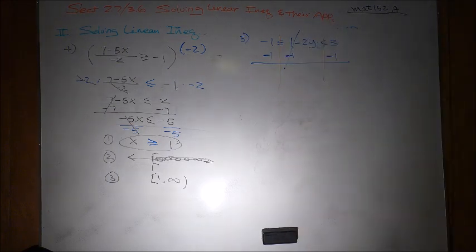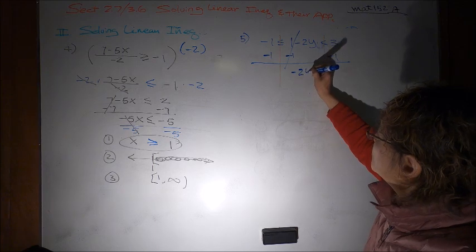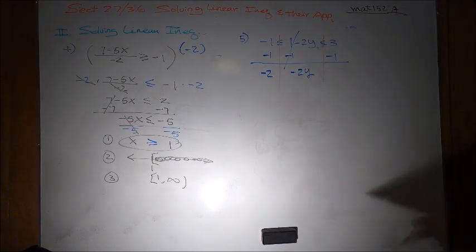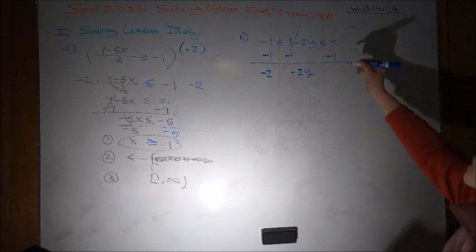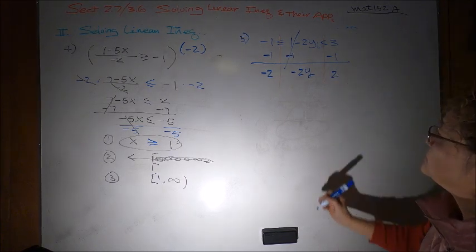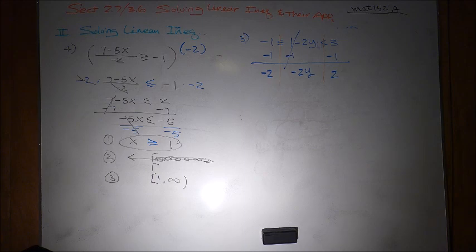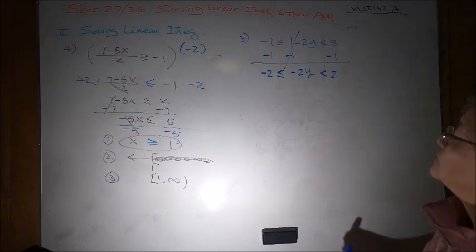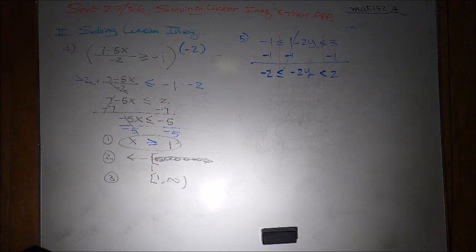Minus 1. Then in the middle, now we have negative 2y. Negative 1 minus 1 is negative 2. Here 3 minus 1 is 2. Should we change the direction of the sign? No, because we did what? Just a minus sign, okay? Then what do we do?